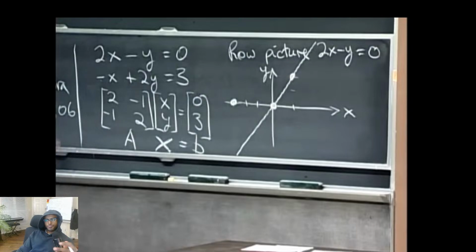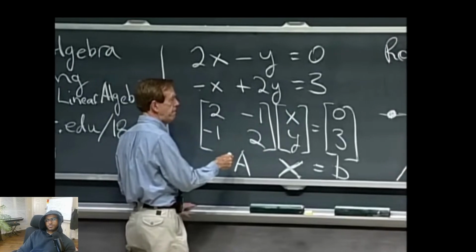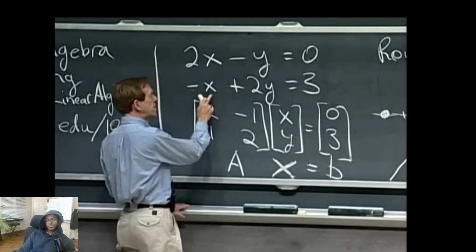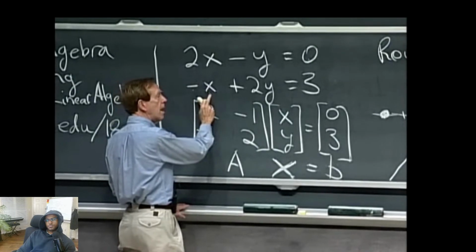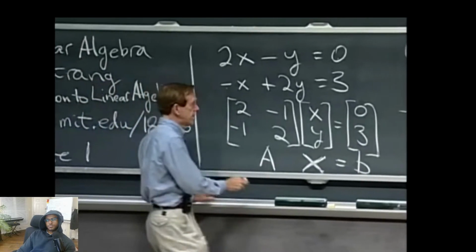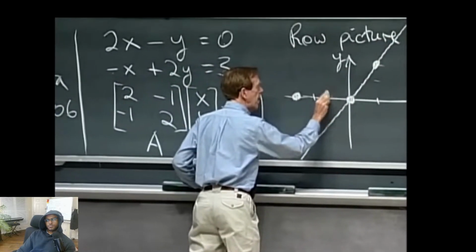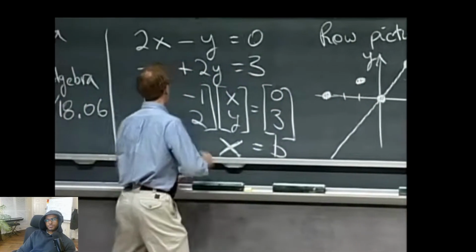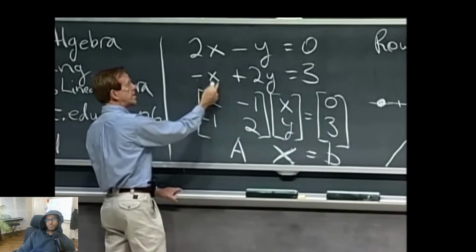Now let me say, suppose x is minus 1, just to take another x. If x is minus 1, then this is a 1. And I think y should be a 1. Is that right? If x is minus 1, that's a 1.